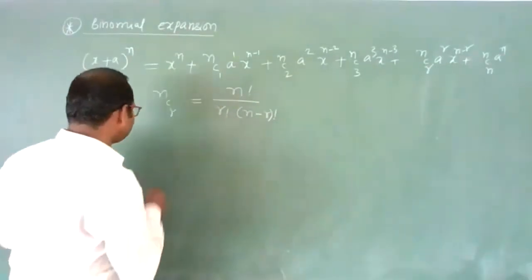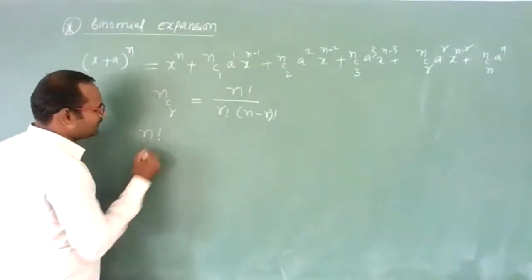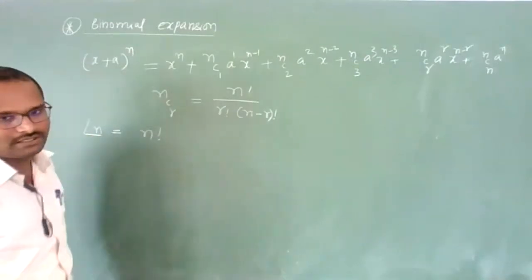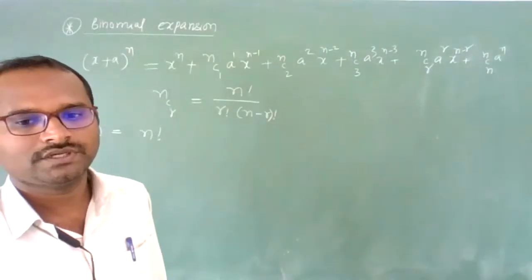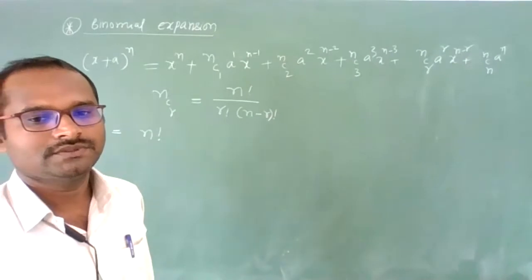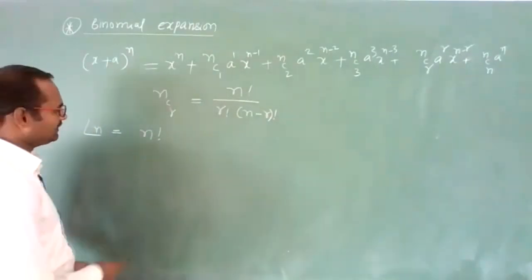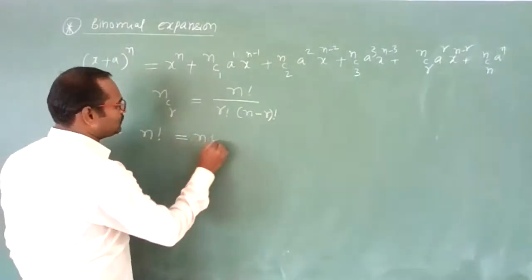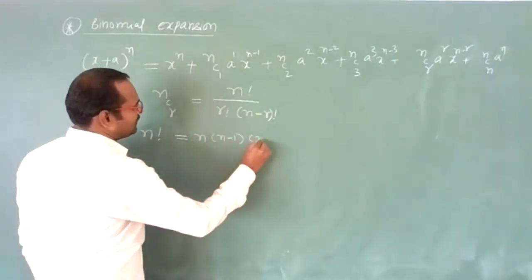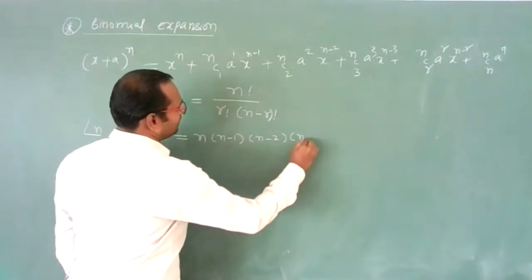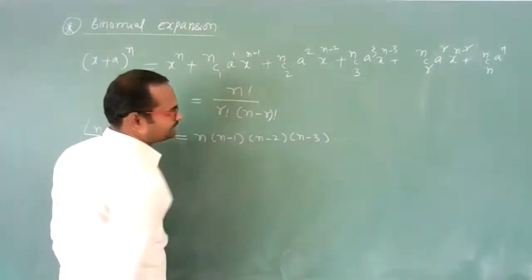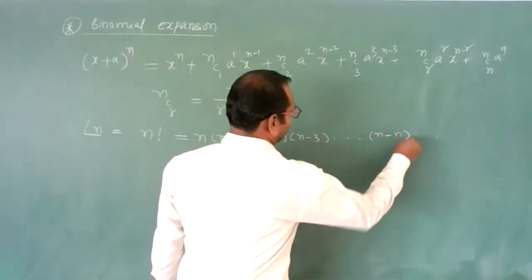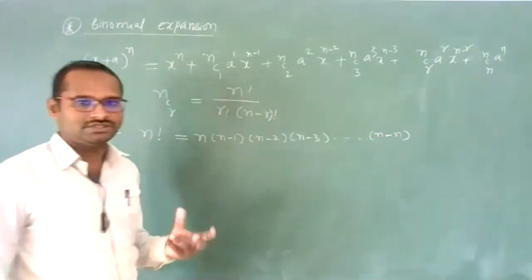What is this factorial? We will write the factorial terms like this. N factorial means we will write it as n into n minus 1 into n minus 2 into n minus 3, and so on, up to n minus n, and n minus n is 0.